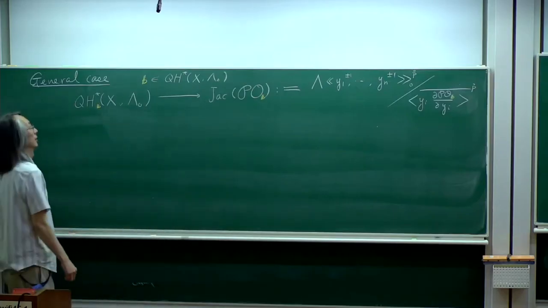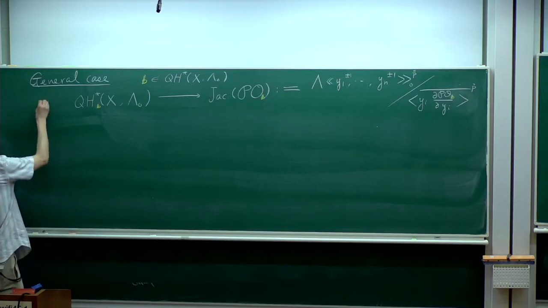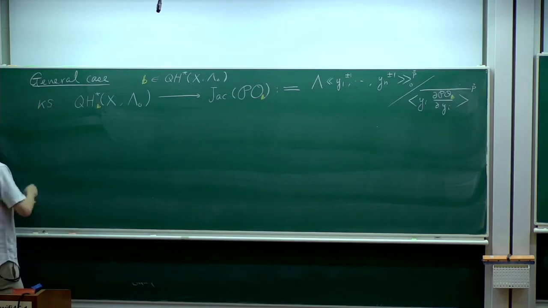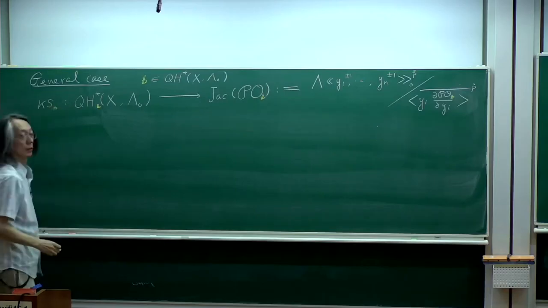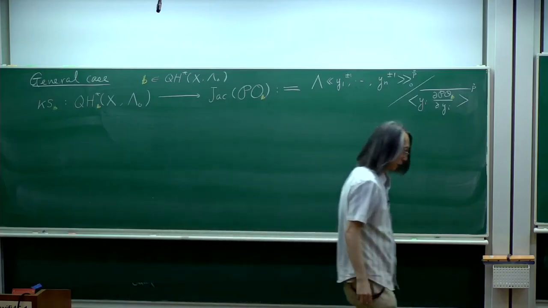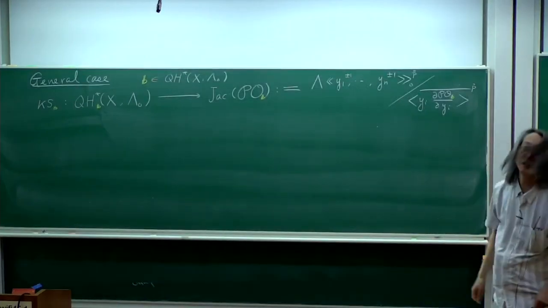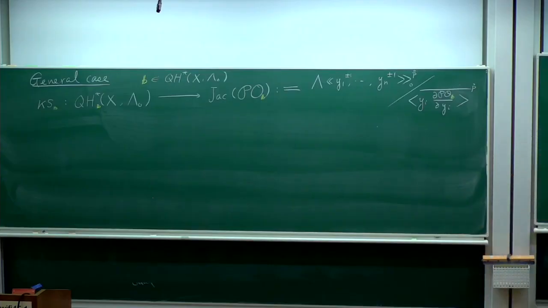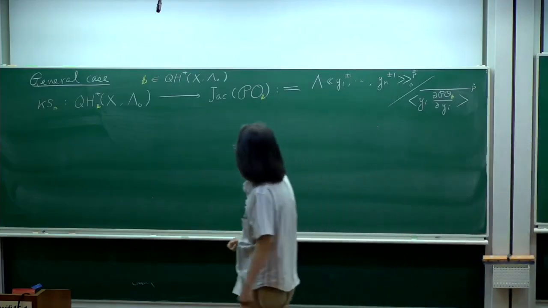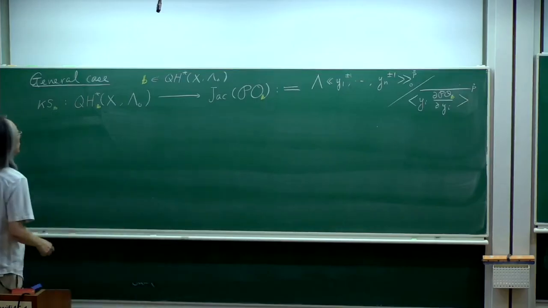And we denote this map by Ks B. And our main theorem is that this one is an isomorphism. I haven't really defined the mapping. I just write something here, and then maybe you will see.